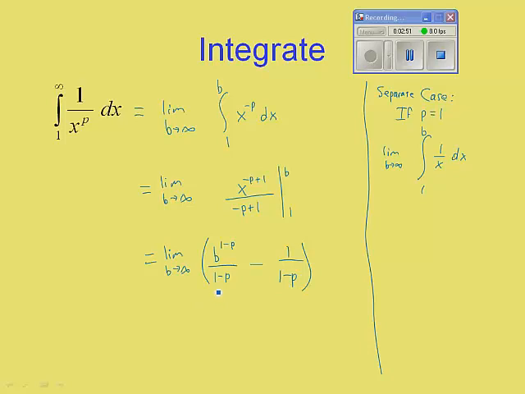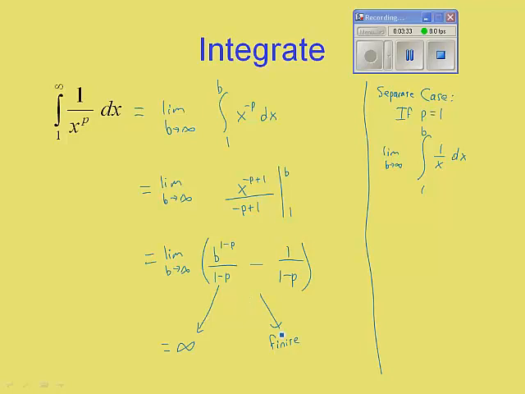So the question is, what happens? Well, sometimes this equals infinity, and sometimes it's finite. So let's think about the examples we already had. When did we get infinite? That was when p equaled 1/2, right? And why did we get something infinite? Because we were taking b to the 1/2 power, that was the square root, and when b goes to infinity, that's going to grow.